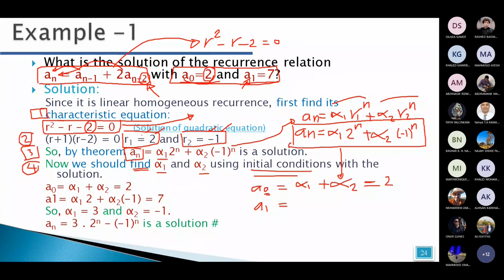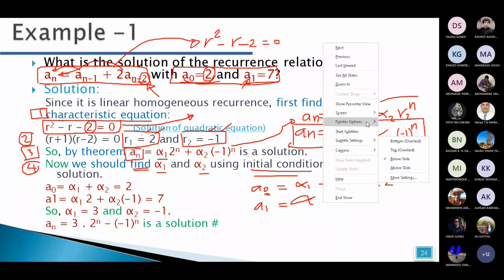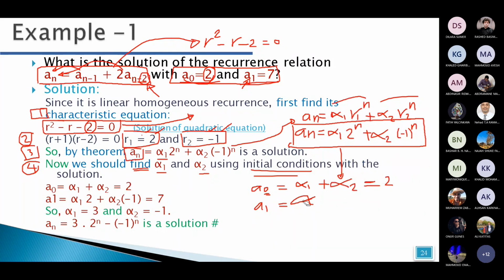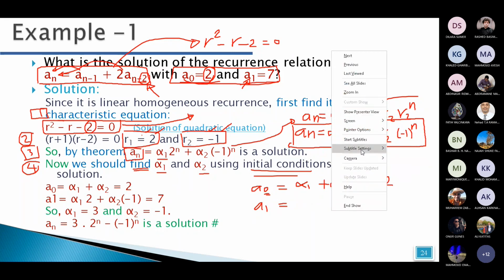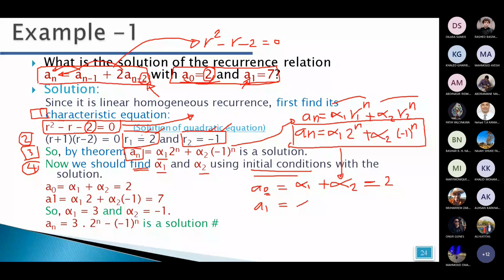A1, so instead of n, take 1. So alpha 1, just alpha 1 multiplied by 2 power 1. So 2 alpha 1. Okay.